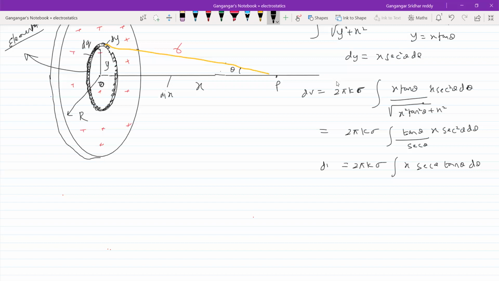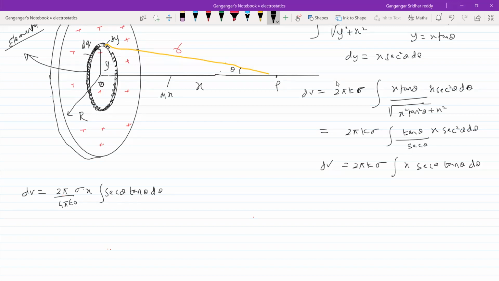So this is dV equals 2 pi, with k equal to 1 by 4 pi epsilon naught, sigma, x taken outside, secant theta tan theta d theta.